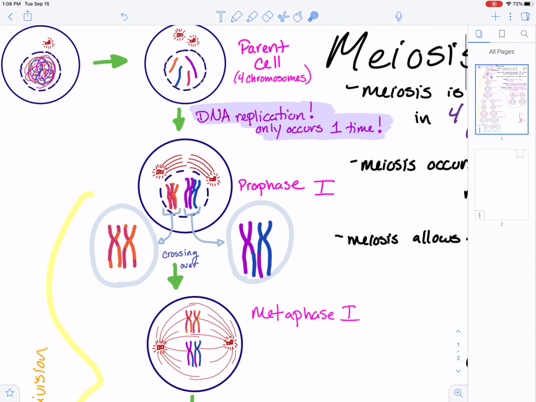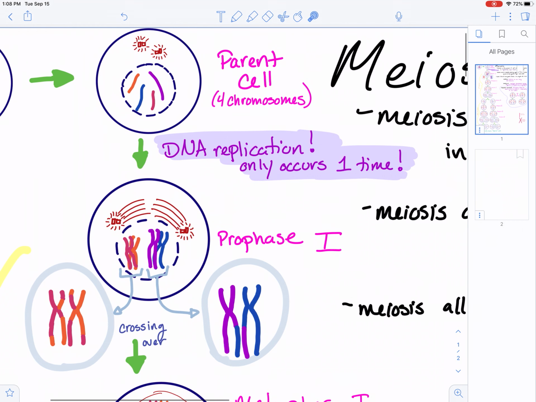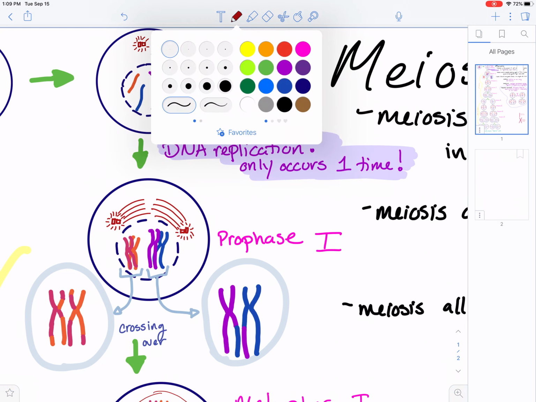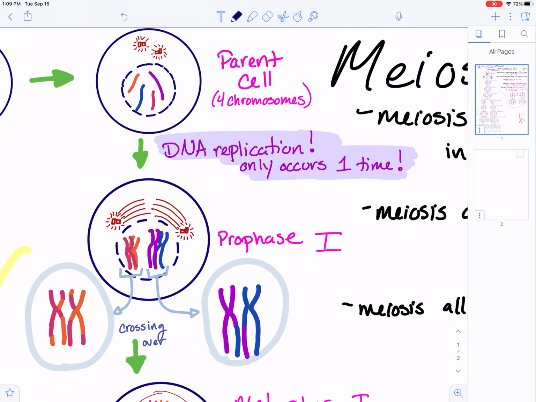So in meiosis, you start with a normal parent cell. In our case, we're going to pretend that our organism only has 4 chromosomes. So in our organism, if it only has 4 chromosomes, then we're going to say that it has 2 homologous pairs of chromosomes. So we're going to say that in this particular instance, this is chromosome number 1, and this one came from its mom.